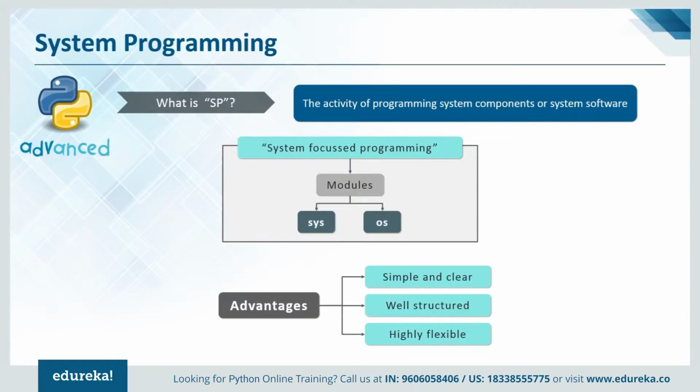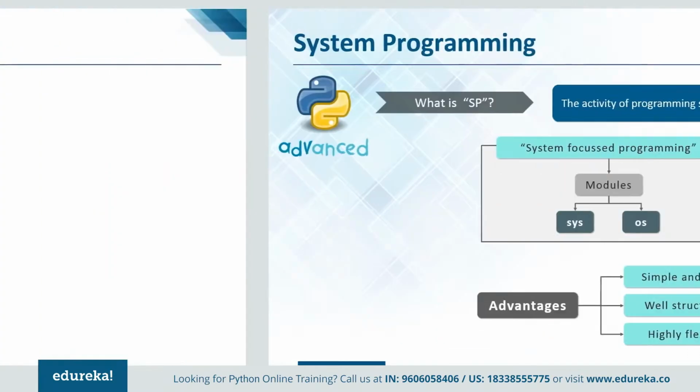By means of the abstraction layer, it is possible to implement independent applications in Python, even if they access operating system specific functionalities, guys. In my opinion, Python is well suited for system programming or even platform independent system programming as well. The general advantages of Python are valid in system focused programming here too. It is simple and clear, well structured and definitely highly flexible, guys.